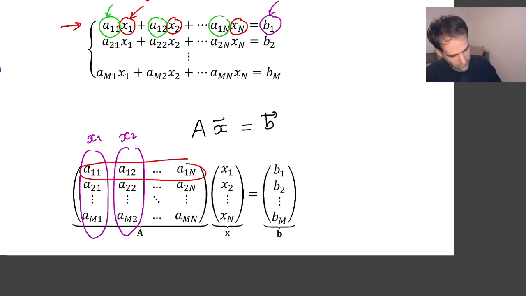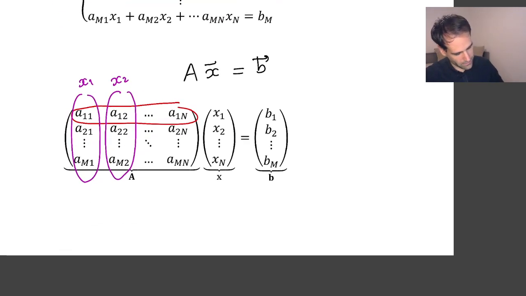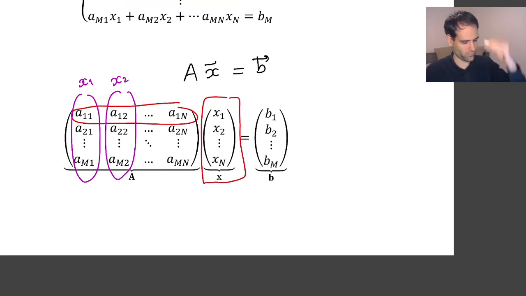Then your vector x is just a vector which contains your n variables or unknown numbers. And vector b is just a vector which contains the m independent coefficients written as a vector.